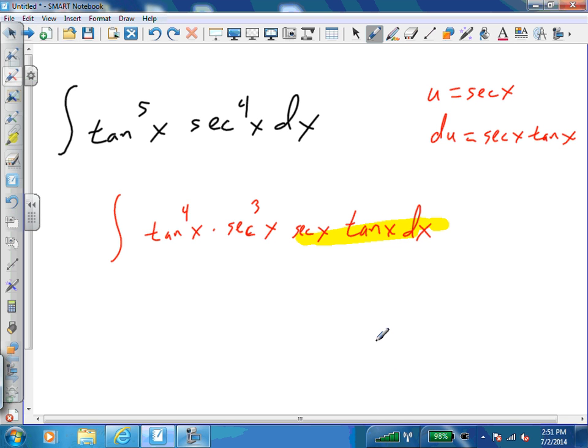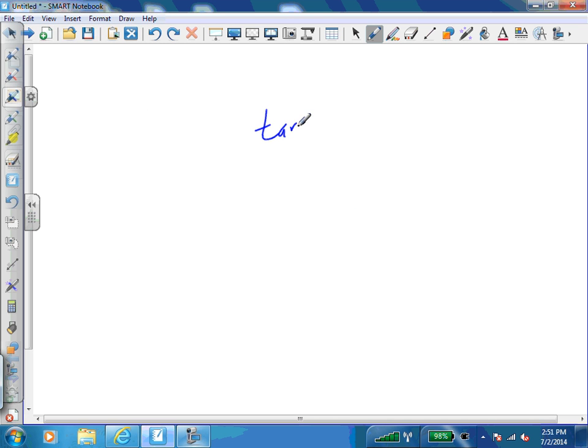So if this is du, if we can get all of these to be secants, then we're going to have secants, so u's du. Since we now have an even number of tangents here, tangent to the 4th, remember tangent squared plus 1 was secant squared, so what's tangent squared?